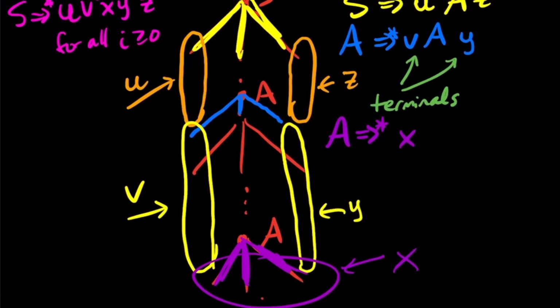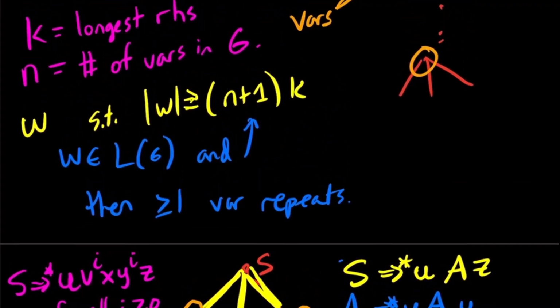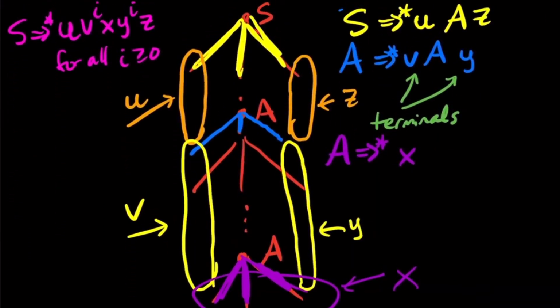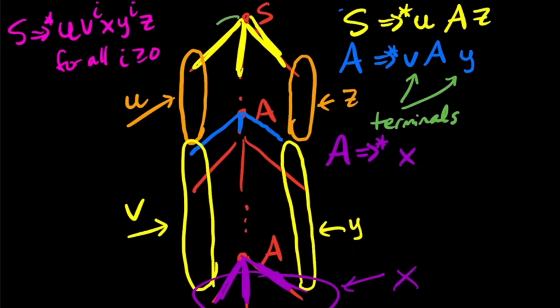So what we should notice here is, how many variables do we have? We had n variables. So that means that this path from the top to the bottom, let's actually note this, this length right here, I know it's a little crowded, that length is at most n, right? So therefore, let's see.